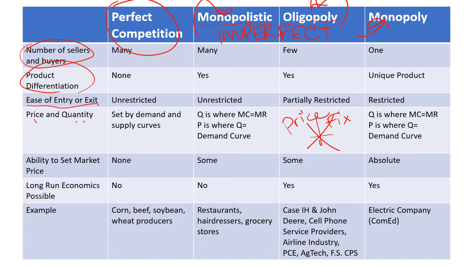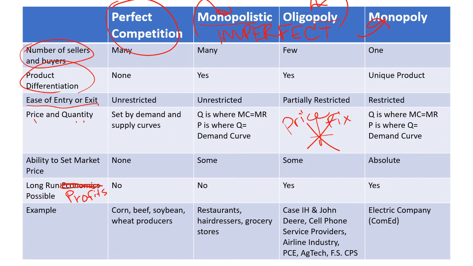And ability to set the market price. You can see how much power each of the businesses in each of those markets have. And then this should not say economics, this should say long run profits possible.